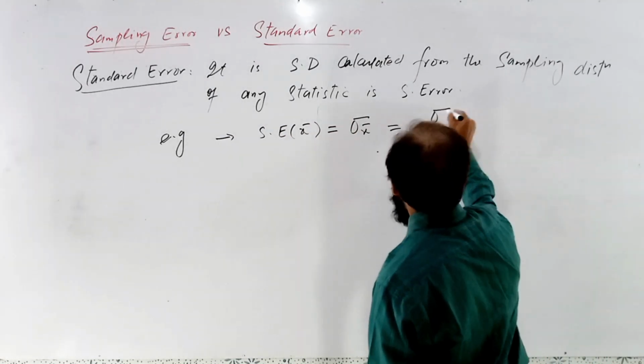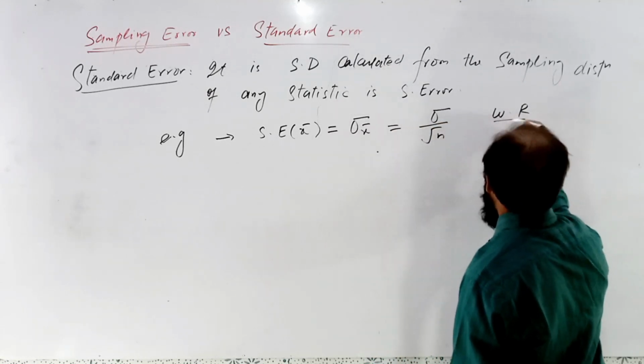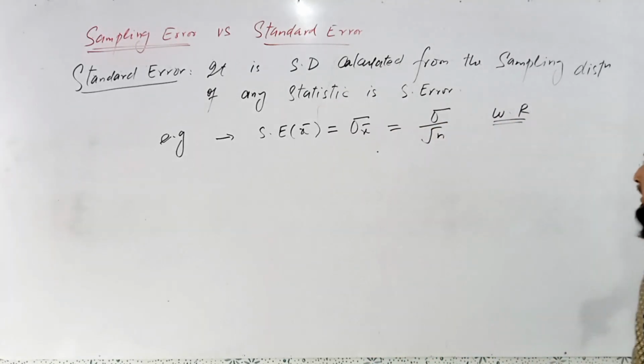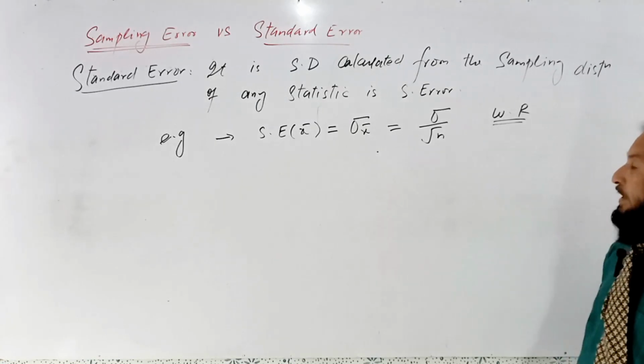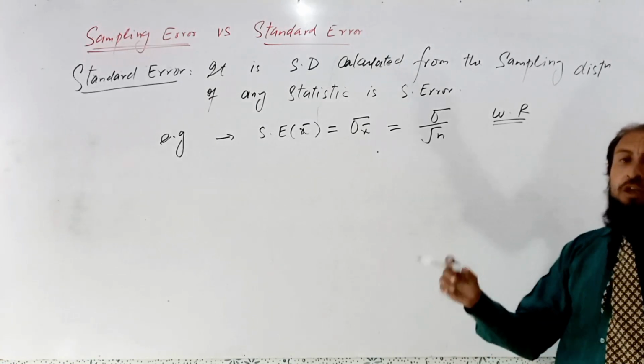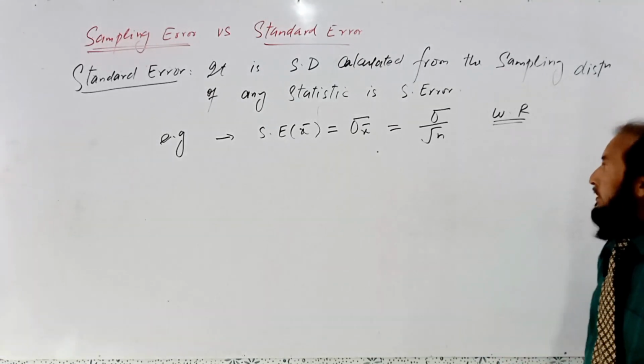With replacement, the formula is sigma divided by square root of n. With replacement means that if we draw some sample from the data, then we return it to the original, which is called sampling with replacement.